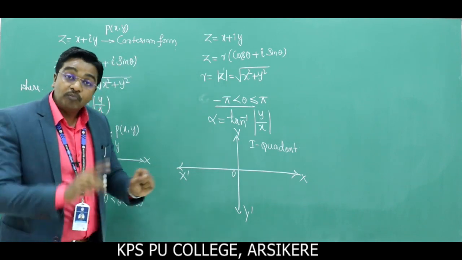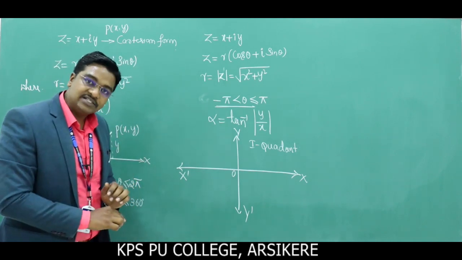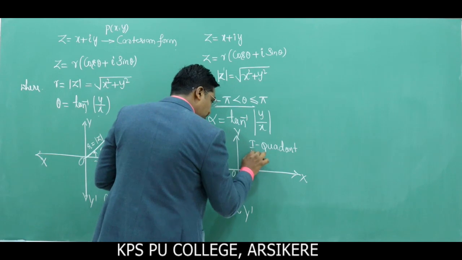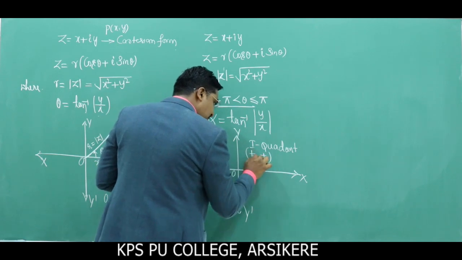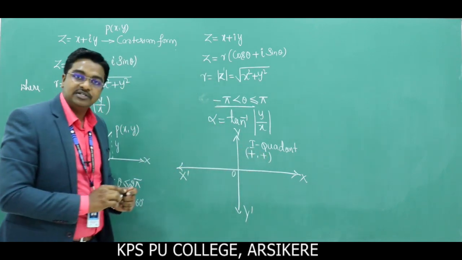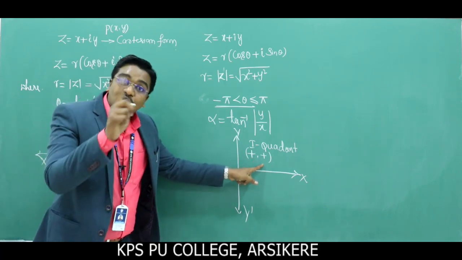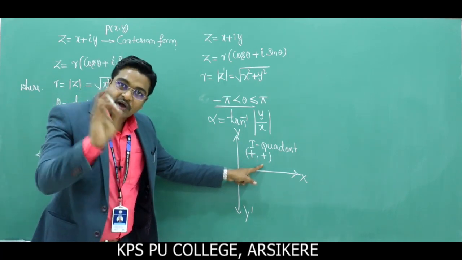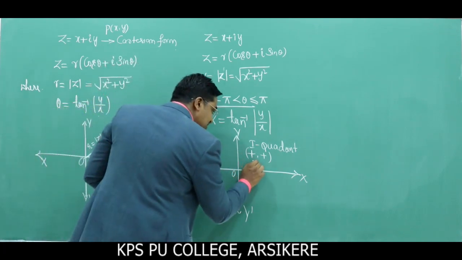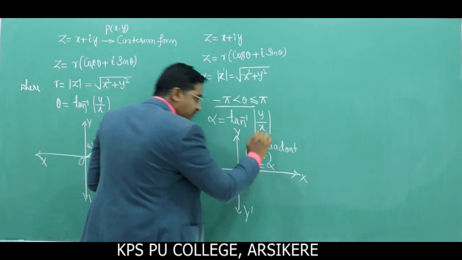In the first quadrant both x and y are positive, x positive and y positive. So in that case theta becomes alpha, just alpha.